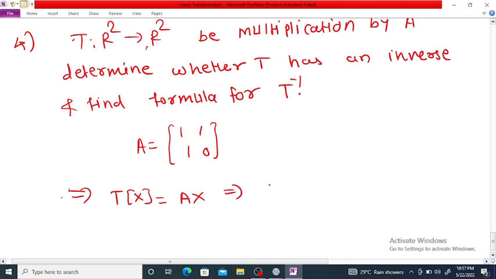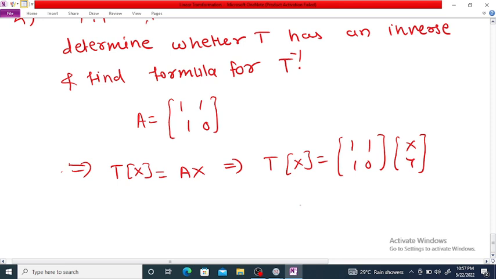So here the given transformation is T of x is equal to 1 1, 1 0 into x y. So this is nothing but x plus y and x. So T of x y is equal to x plus y, x.